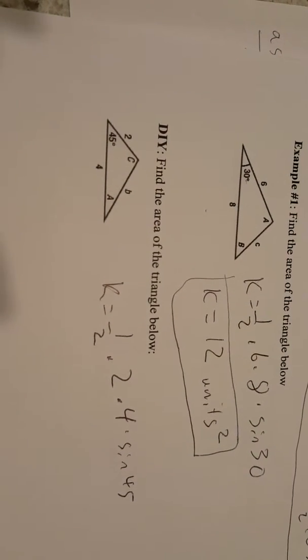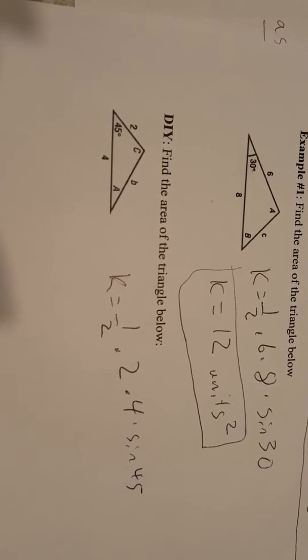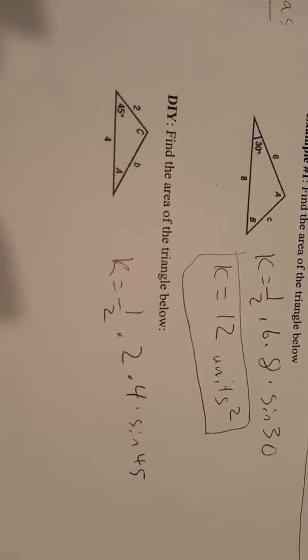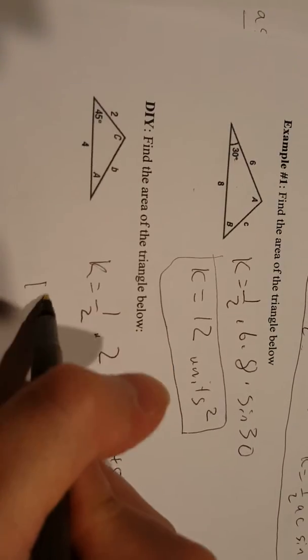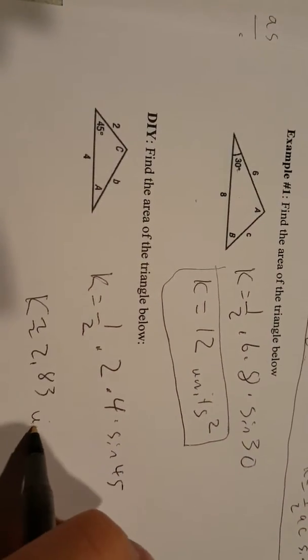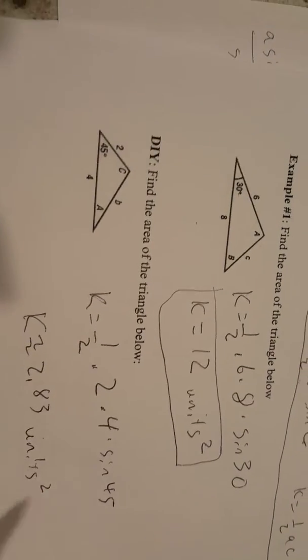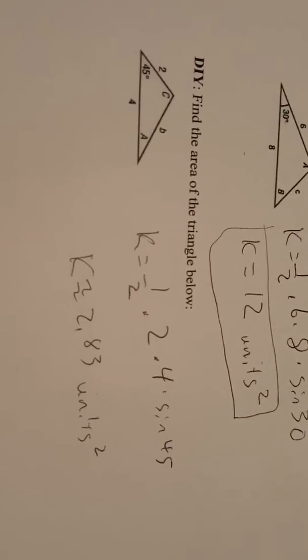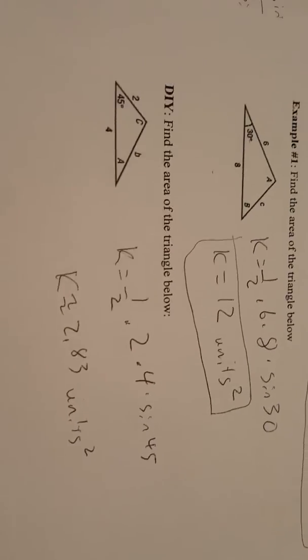And if we do this, I get K is approximately 2.83 units squared. Okay? Is that pretty straightforward? I hope it is.